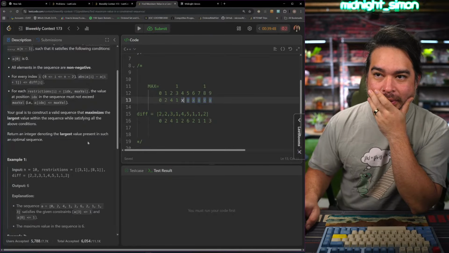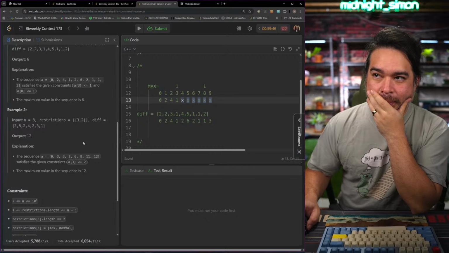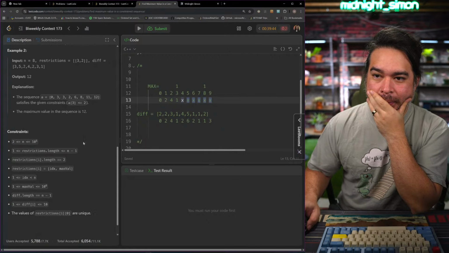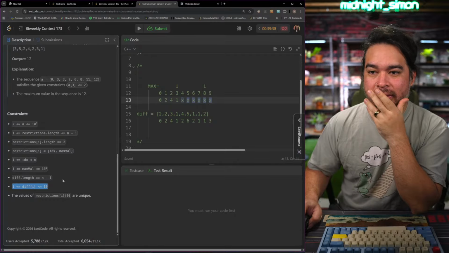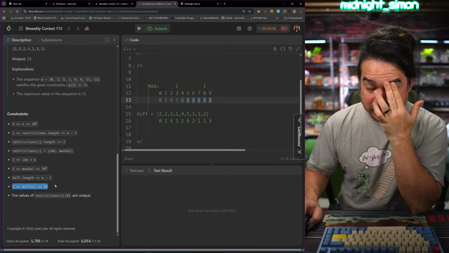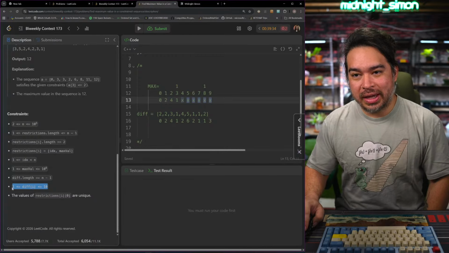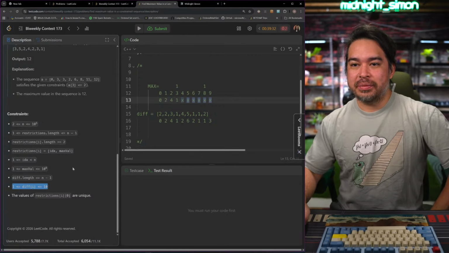Man. The value of the diffs is less than 10. Is that a key constraint for me right now?